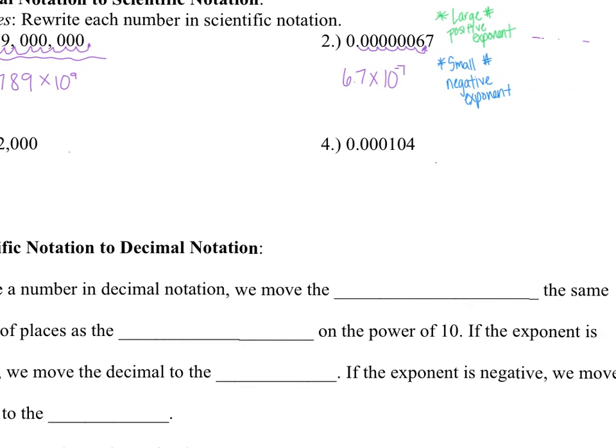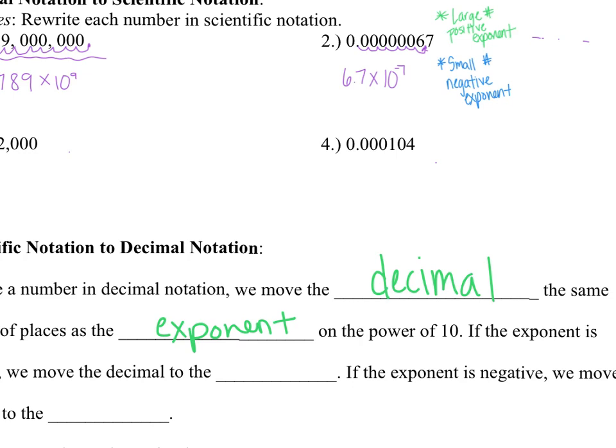We move the decimal the same number of places as the exponent that is given on the power of 10. So if the exponent is positive, we move the decimal to the right. So that's the key there, guys.